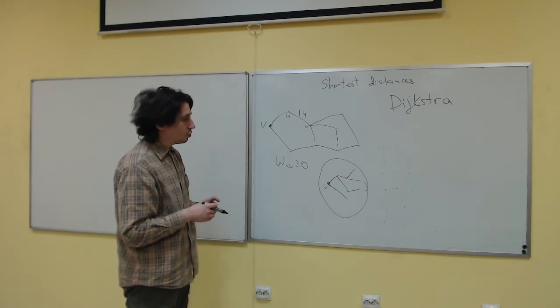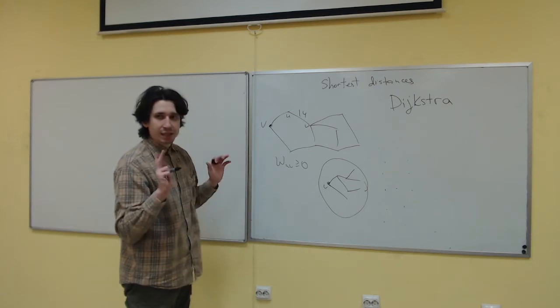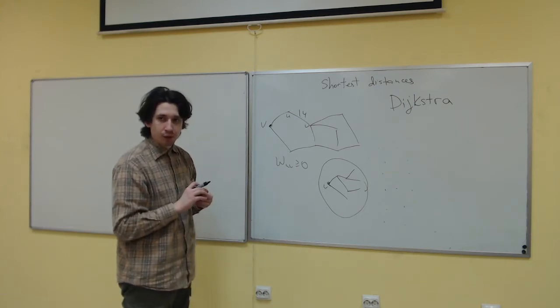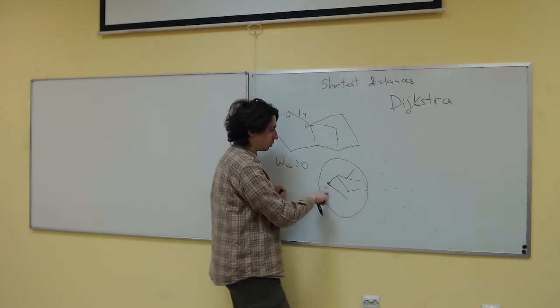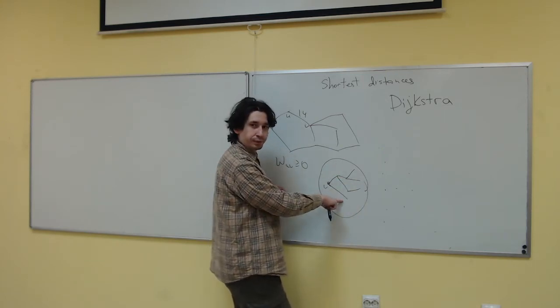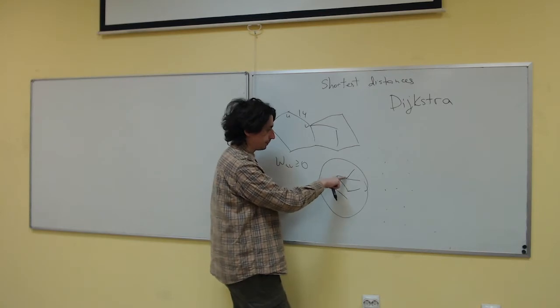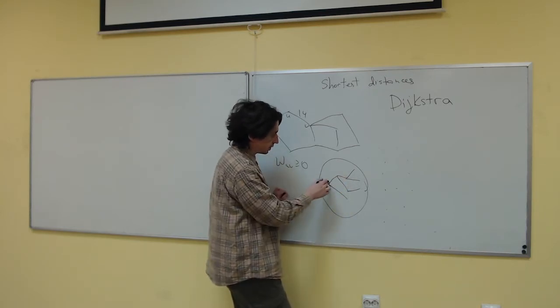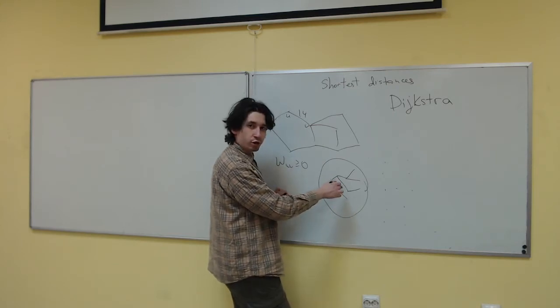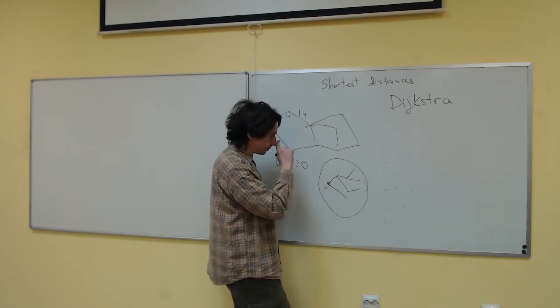And you store their tentative distance to all these vertices. So we know that these vertices already have the correct minimum values. This is the tree of the shortest paths from V.